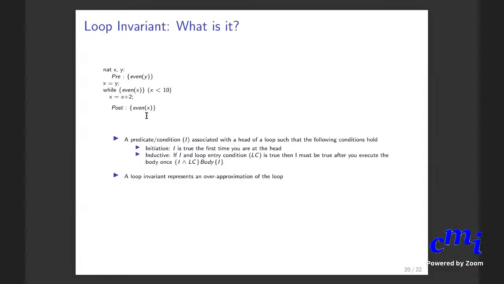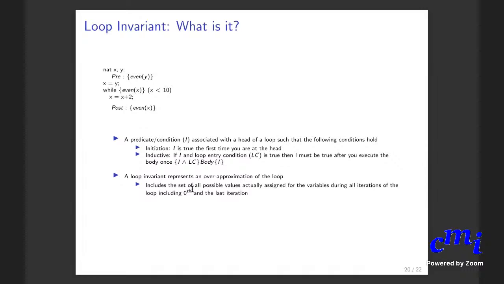Now I will get to the nuts and bolts of how exactly you will do this. Another way to view this is, like I've said here, a loop invariant represents an over approximation of the loop. What do I mean by that? After all, it's a predicate over all the program variables that potentially get modified by the loop during its execution.